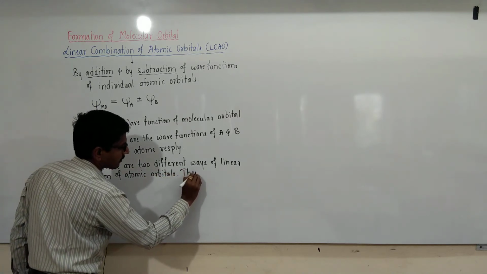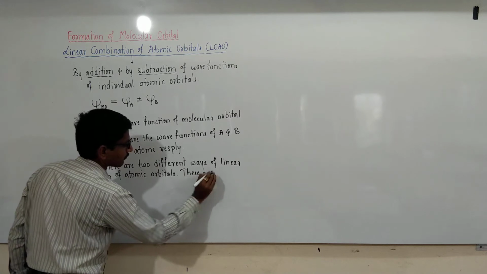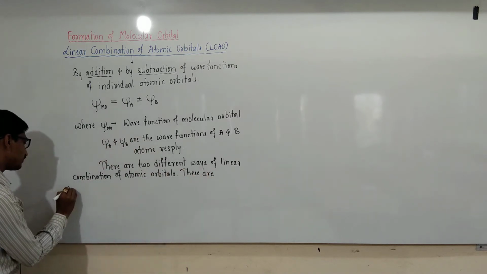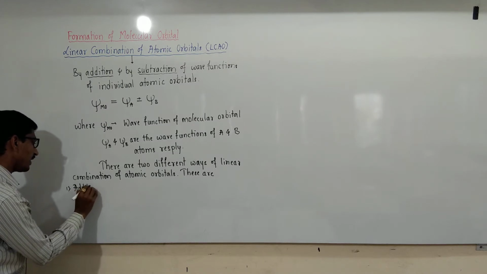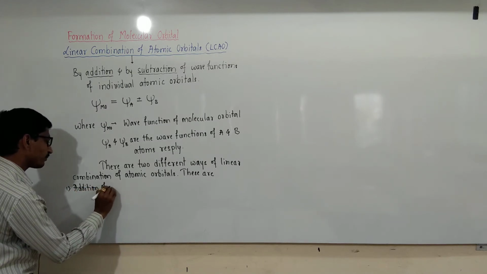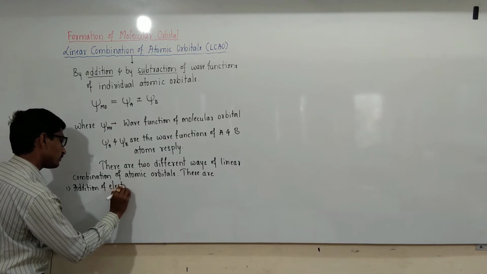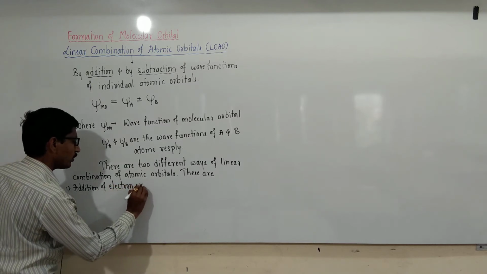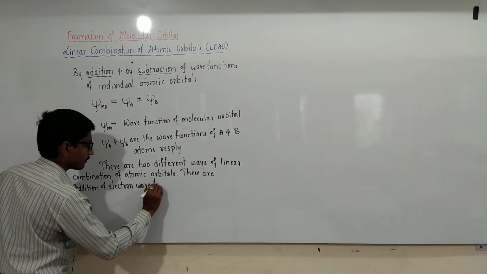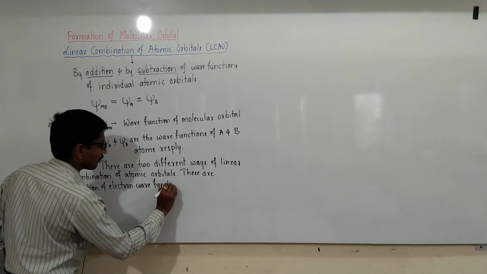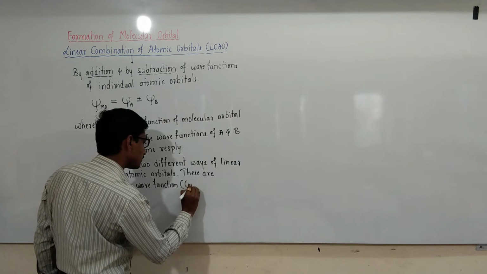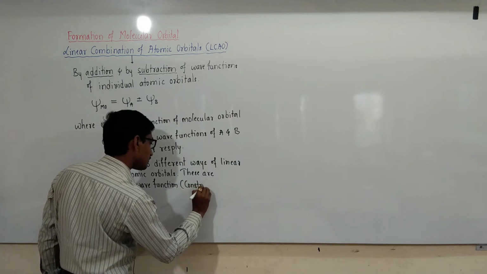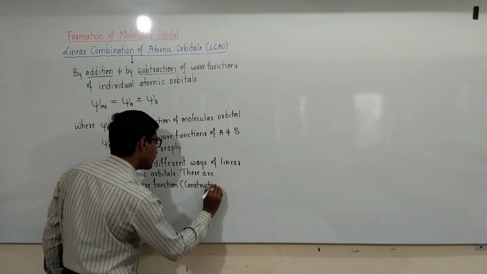The first one is addition of electron wave function. Addition of electron wave function is also known as constructive interference.